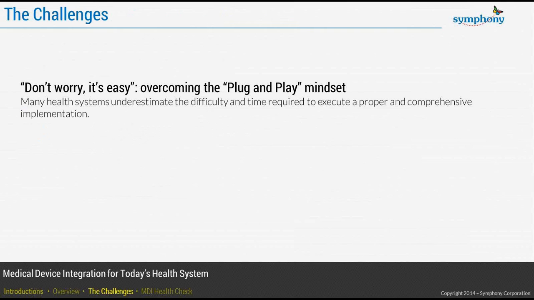Don't worry, it's easy: the plug-and-play mindset. As I mentioned, this is very common. You have an EMR vendor that's coming in, they're making their pitch, and of course they're saying, hey, we are ready to go with this MDI requirement, and for their part, they are.